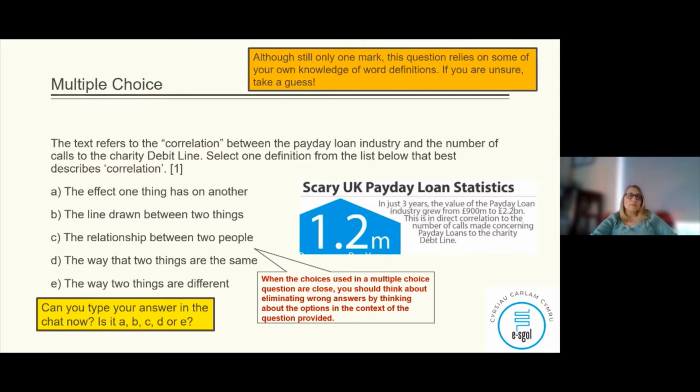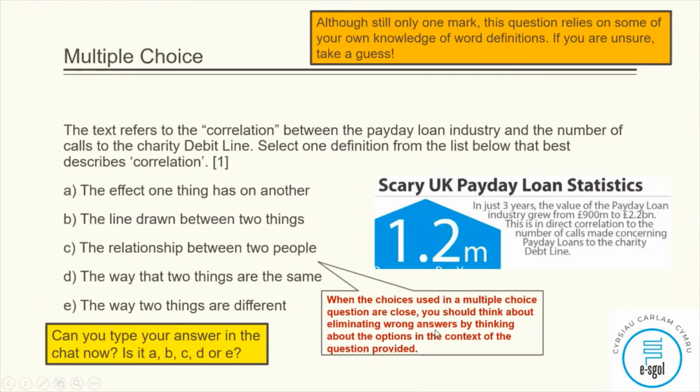Would you suggest that? Yeah, so if you look here, I've put this on here. This is in direct correlation to the number of calls made concerning payday loans to the charity Debtline. Okay, so miss is quite right. You should go back and read it within the context of the text that they've given you. And a good thing to do here is to eliminate things that you know are incorrect straight away.